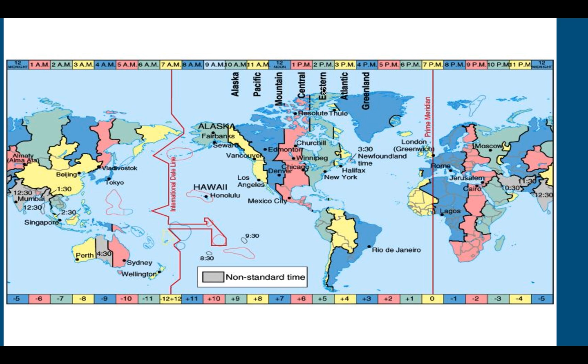We have the Eastern time zone, the Central time zone, the Mountain time zone, and the Pacific time zone. So this is how we get 24 hours a day, and this is how we get different time zones throughout parts of the world.